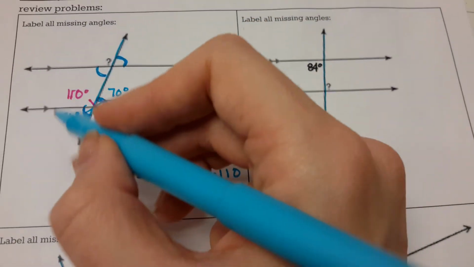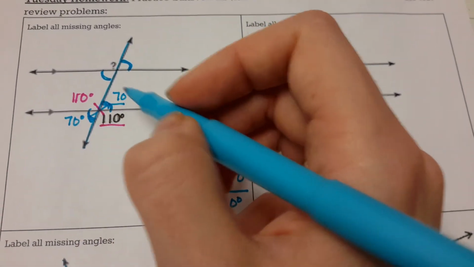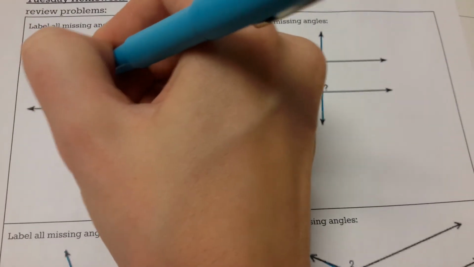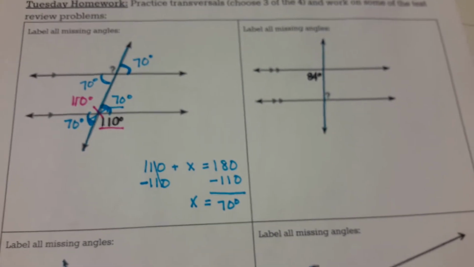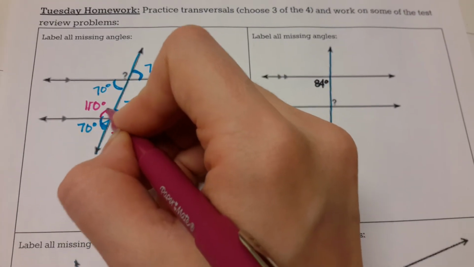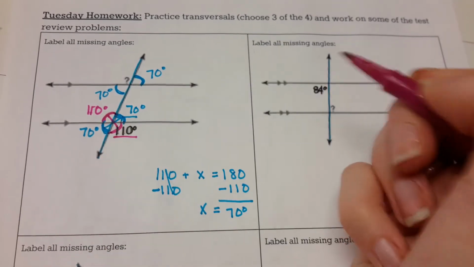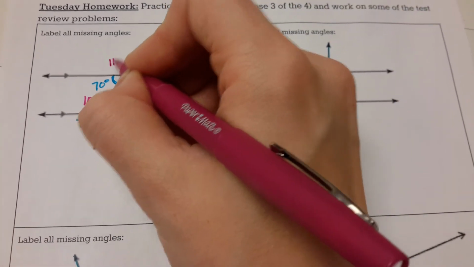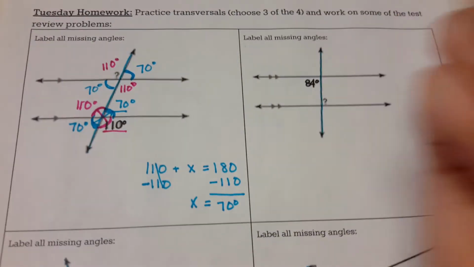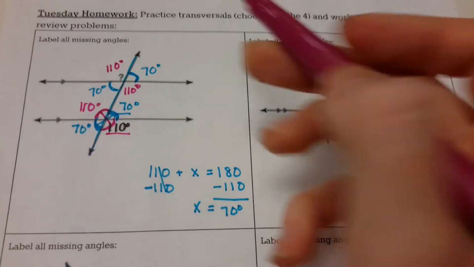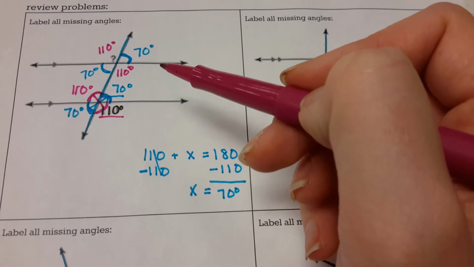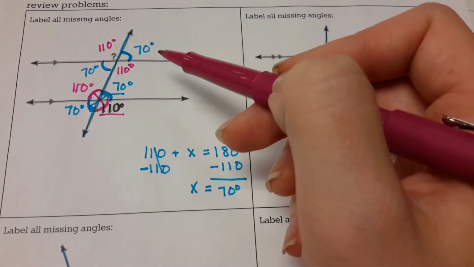If the acute angles on this bottom grouping are 70, they will be 70 degrees on the top as well. And we can do the same thing with our obtuse angles. We have obtuse angles notated with pink, and we can label our obtuse angles on the top with pink as well. So even though there are 8 separate angles, your answer can be one of 2 numbers, 110 or 70.